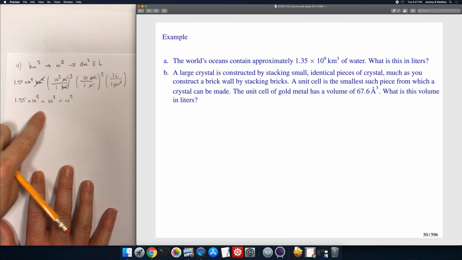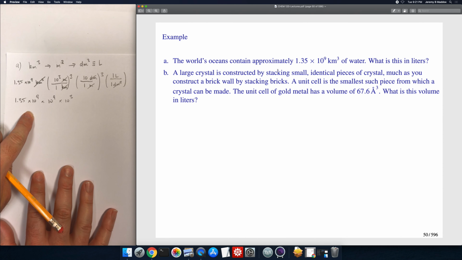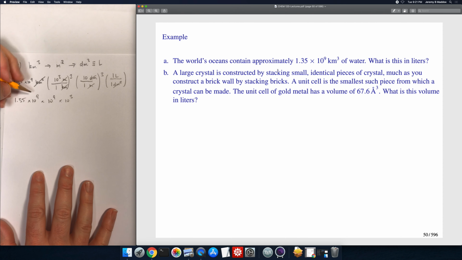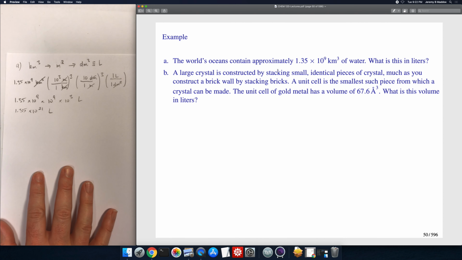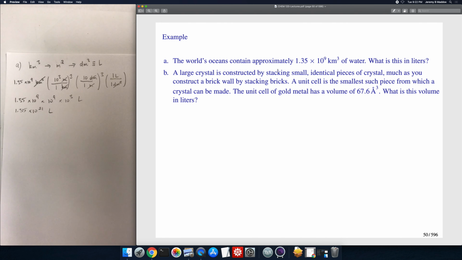And now that we're multiplying all of these, we can simply add the exponents. So we've got 9 plus 9, it's going to give us 18, 19, 20, 21. And that's going to have units of liters. Okay, so when you do volume conversions, you want to cube your conversion factors.